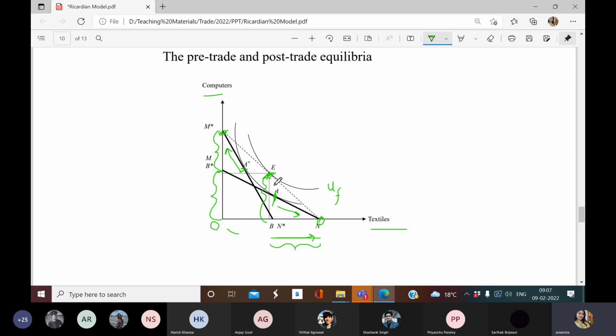If the countries are trading according to their comparative advantage, then compared to the autarkic CIC, say UA, both the countries are able to achieve a higher CIC, indexed UF. That means it is welfare improving for both the countries.